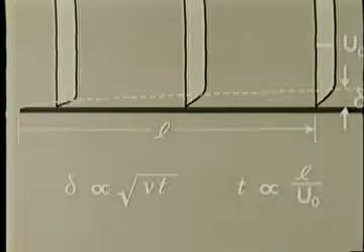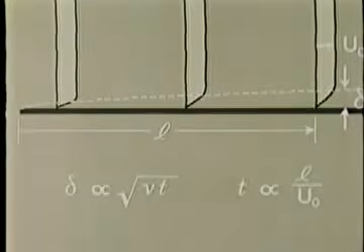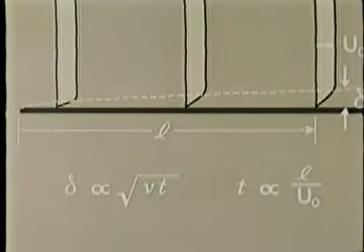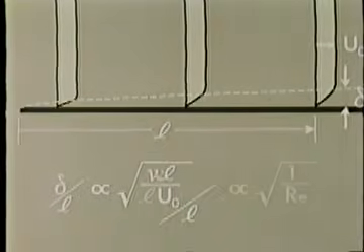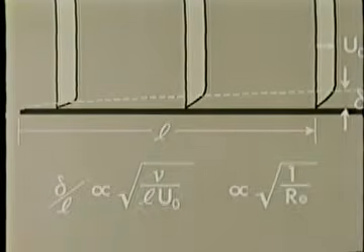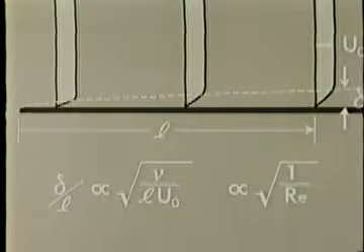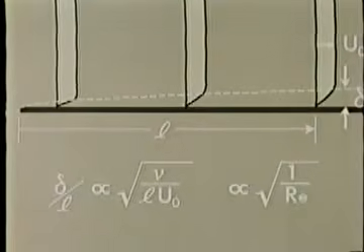We combine these, so delta over L is proportional to 1 over the square root of the Reynolds number. This relationship is valid only at high Reynolds numbers when delta is small compared to L.